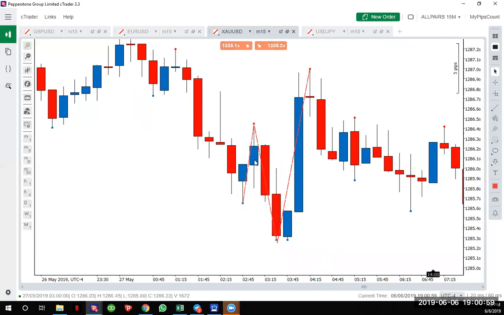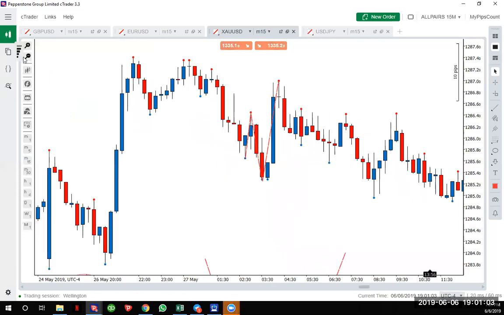So blue followed by red is a bearish pattern, which is what we have right here. So we see the bearish pattern here at the swing high. So what I want to do is find the price that the sellers really want to sell at, which is going to be the high of the bearish bar in the bearish candlestick pattern, which is right there. Can you see it? So I just put a line right there.